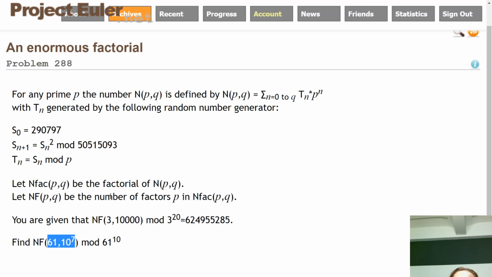So 10 factorial has 4 factors 3 in it. You get one for the 3, one for the 6, and 2 for the 9, and no other ones. So it's just like a sum and count.